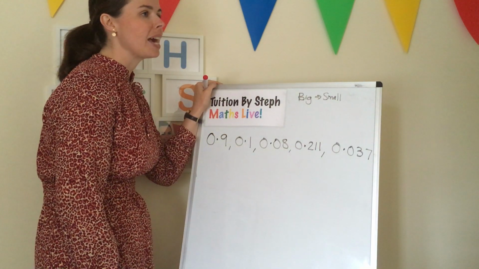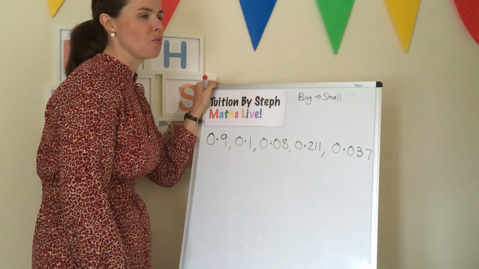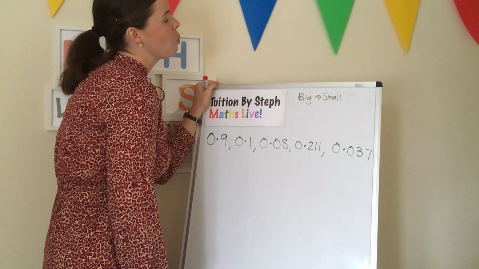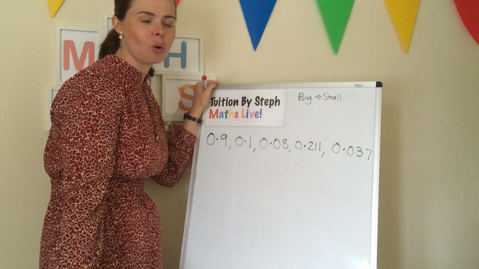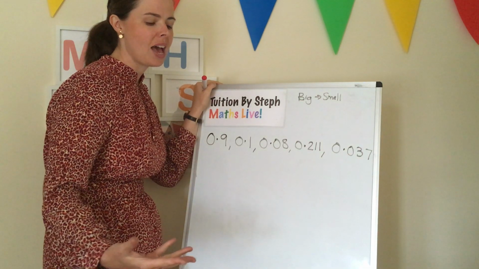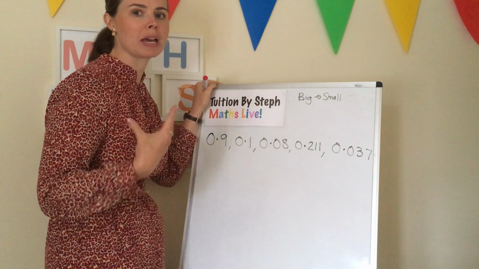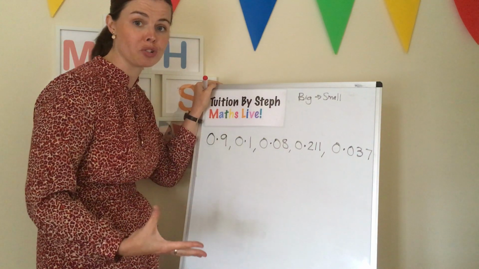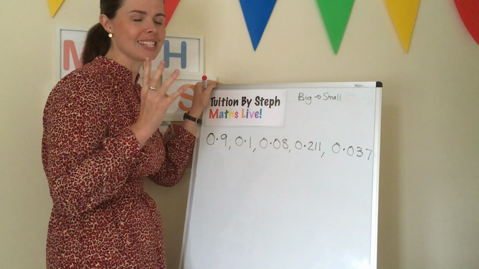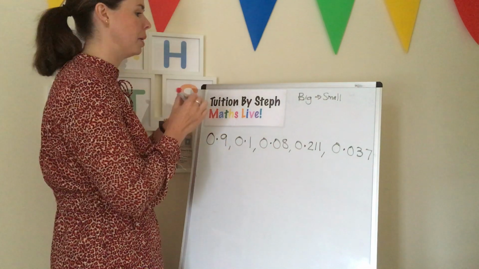It would be like saying, would you rather have £1 or 10 pence? And just because 10 is bigger than 1, you know 1 has a bigger place value because 1 is actually 100 pence. So just because a number looks bigger in its size, how many digits it has, doesn't always make it the bigger number.